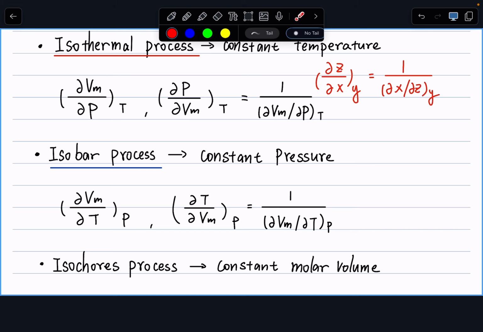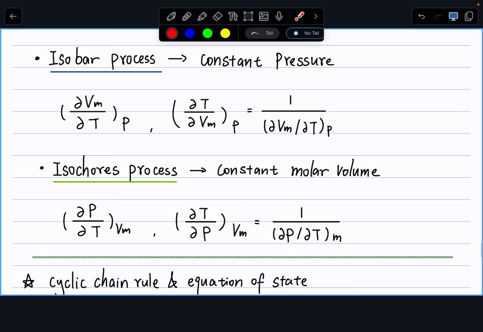Keeping pressure constant, we can derive the relationship between temperature and volume at constant pressure. So these are two sets of partial derivatives that are connected to each other. The same applies to the isochoric process, where we keep the molar volume the same and make a relationship between temperature and pressure.